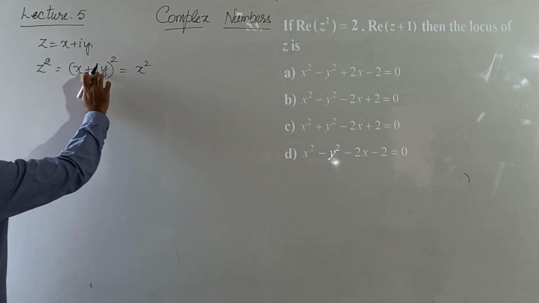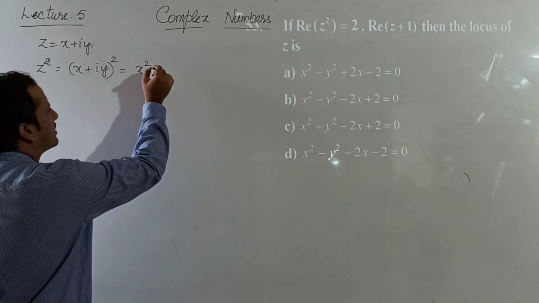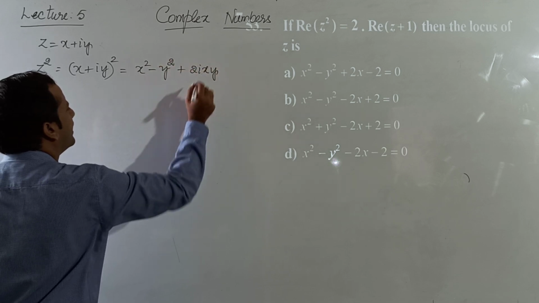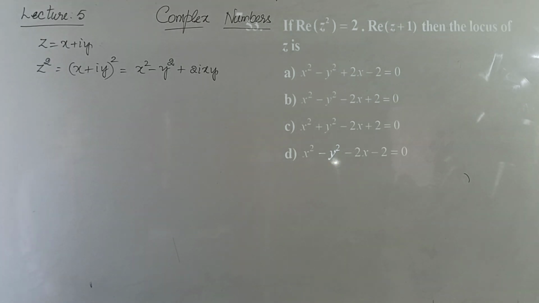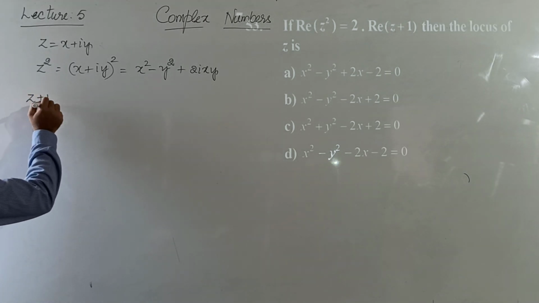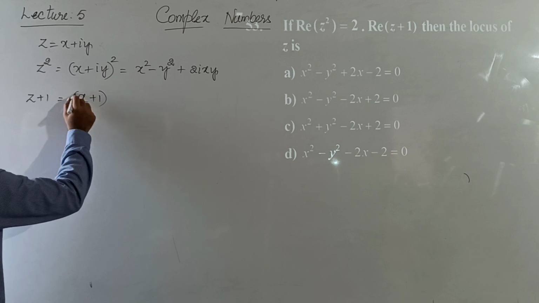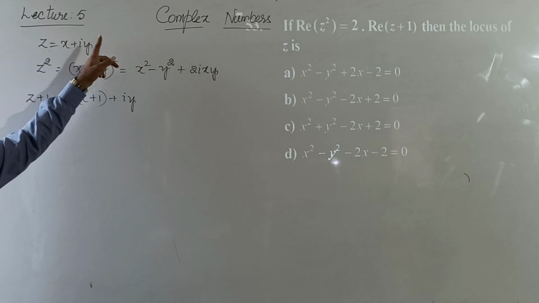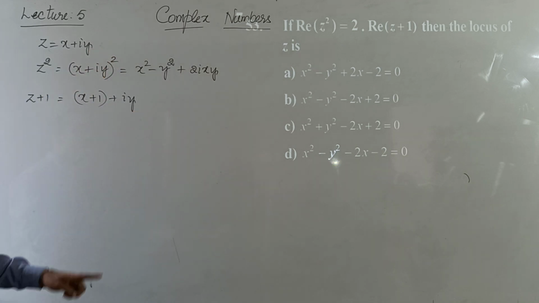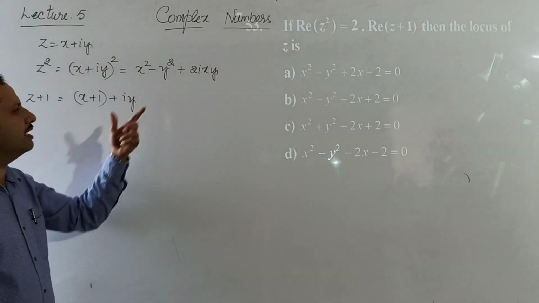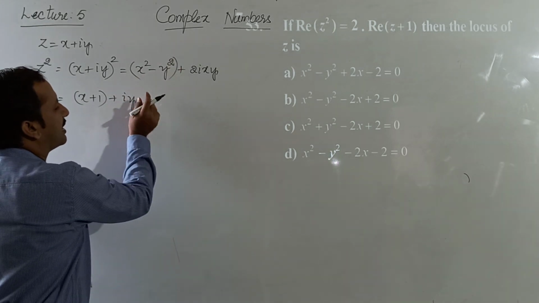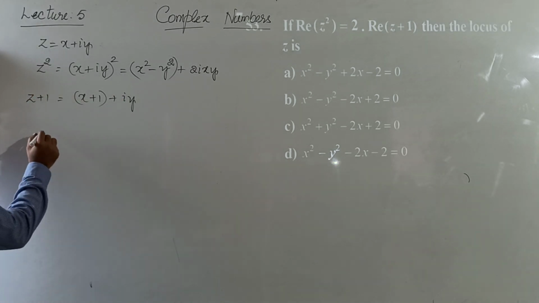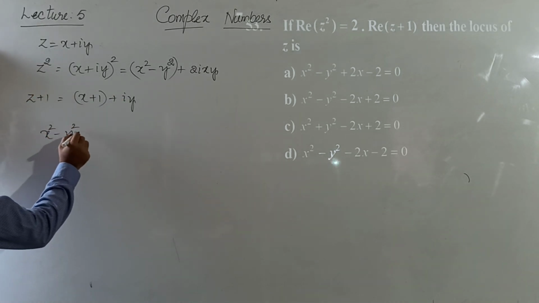Expand this, x square plus i square y square, then you get minus y square plus 2ixy. Its real part is x square minus y square. Imaginary part is 2xy. We want real part of z square, that is x square minus y square.